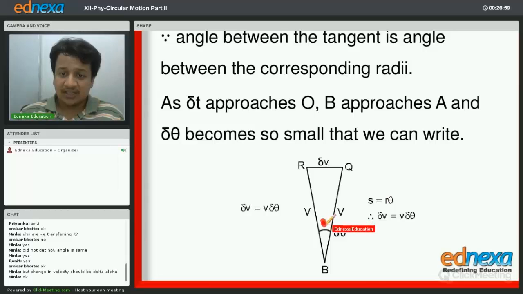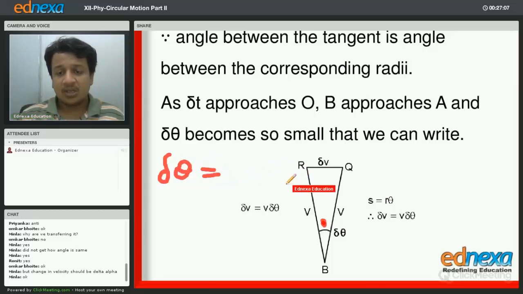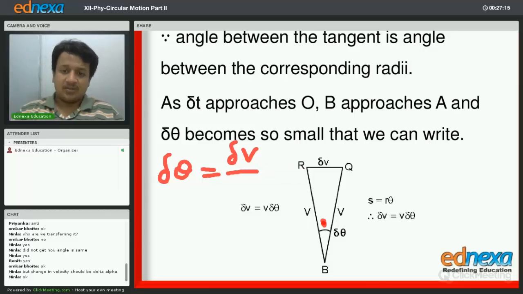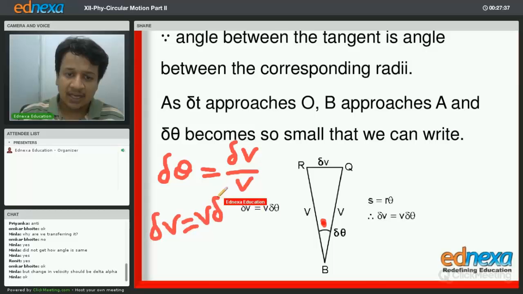This angle is delta theta, so delta theta equals arc. QR is the arc, and that is nothing but delta V. So delta V upon radius. Over here, what is the value of radius? BQ and BR are the radii. Is it right? What is the value of BQ and BR? It is the velocity V. So delta theta equals delta V divided by V, so delta V is equal to V delta theta.